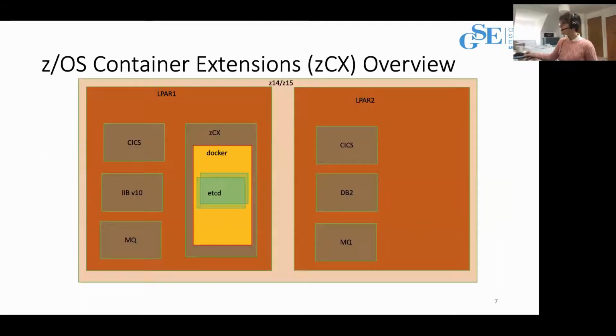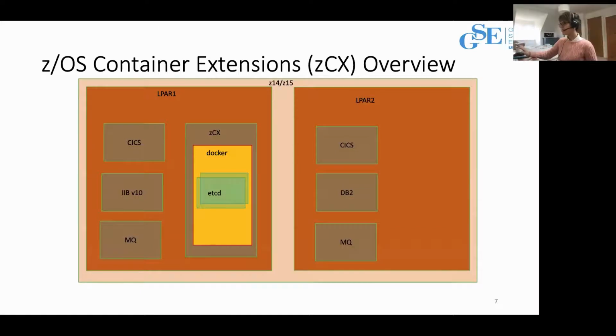So what is Zcx? I don't know if anybody went to the earlier session, where they explained what Zcx is. In case everybody's already seen that, I won't go into massive detail here. But basically, Zcx is a way to run Docker in your ZOS proper.